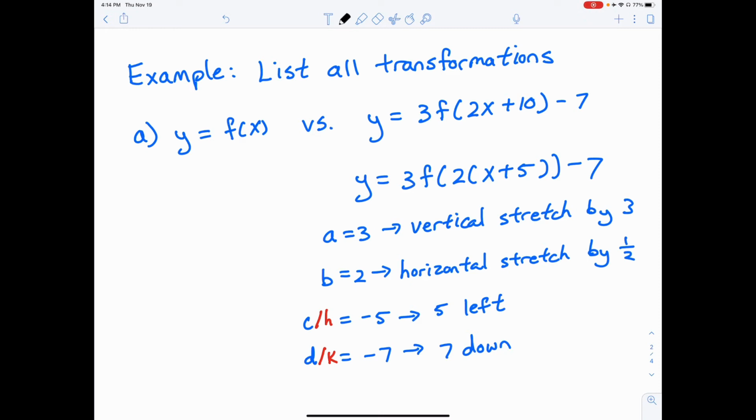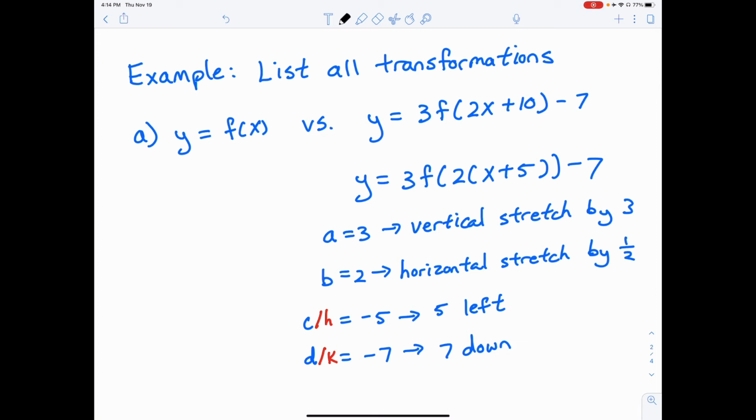For C, you see it's again connected towards x or the horizontal material, so though it's plus 5, we do the opposite. In this case, it would be minus 5, which tells us that we should be going 5 to the left. Now, anything dealing with the verticals, it is exactly as you see it. So in this case, D was a vertical shift, which means up or down. In this case, if it's minus 7, that just means 7 down.